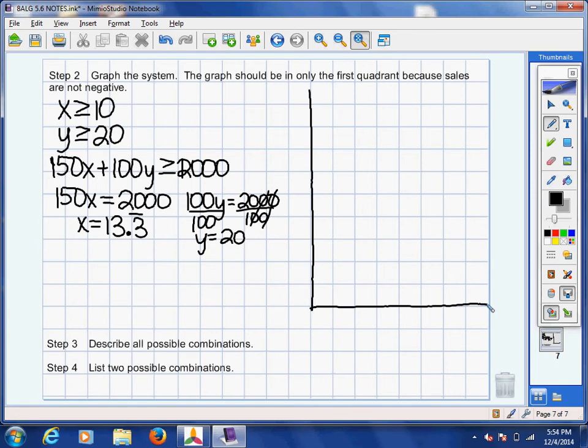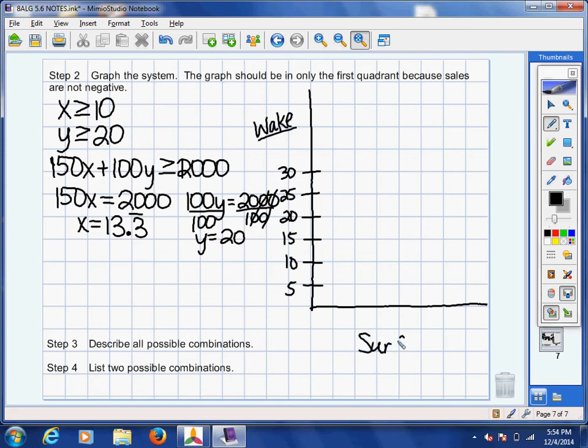All right. Now, because of the nature of our numbers, I think I'm going to go by fives for both axes. So 5, 10, 15, 20, 25, 30. Okay, I'll stop right there. And the y-axis, remember, that's our wakeboards. And I'll just put wake over here. Hopefully you'll remember that's what that means.